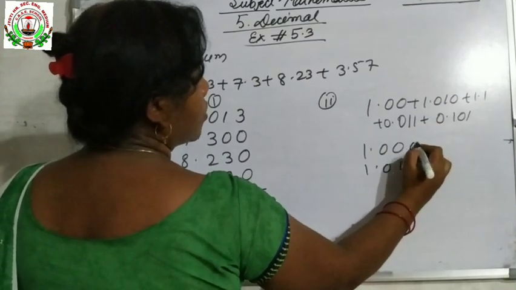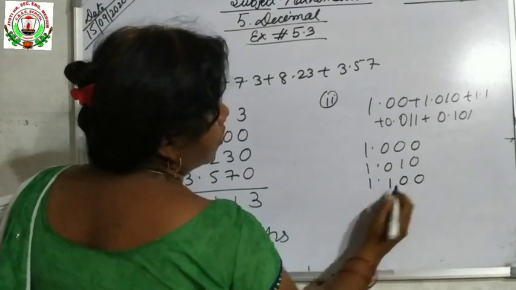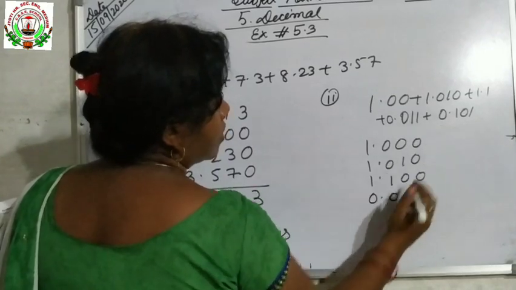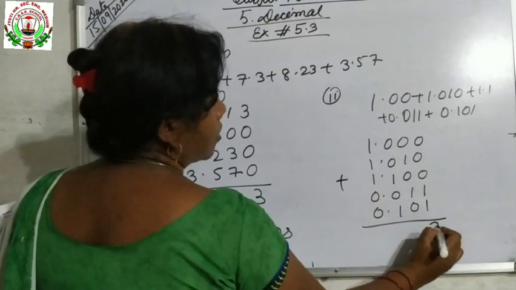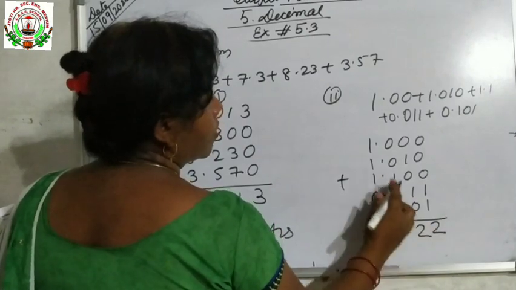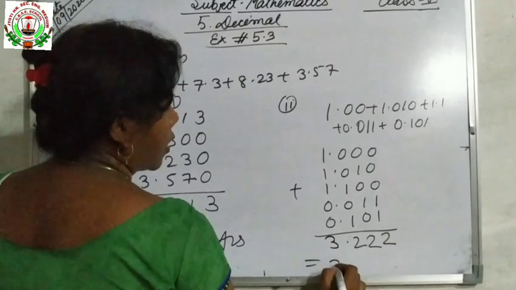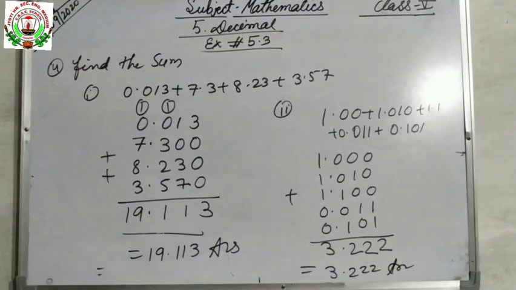Here is a vacant place, so you will put 0. Then again 1.1. Here is a vacant place, so you will put 0. This number 0.011, this number 0.101. Now add it. 1 plus 1 is 2, 1 plus 1 is 2, 1 plus 1 is 2, then 3. So the correct answer is 3.22. So how to add, understood?